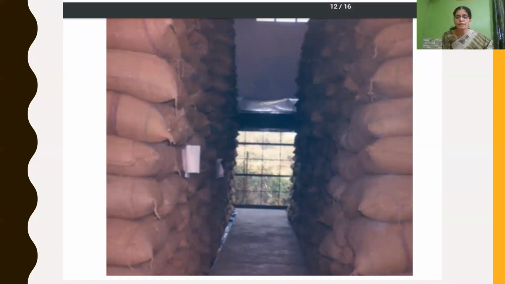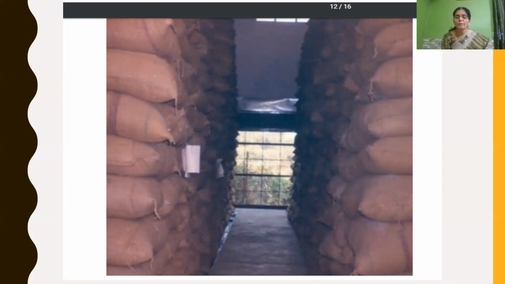By seeing this figure, you can see that gunny bags are kept in a room or place. So this is nothing but what we call granaries. A granary is a place or a godown or a room where grains are stored in gunny bags.